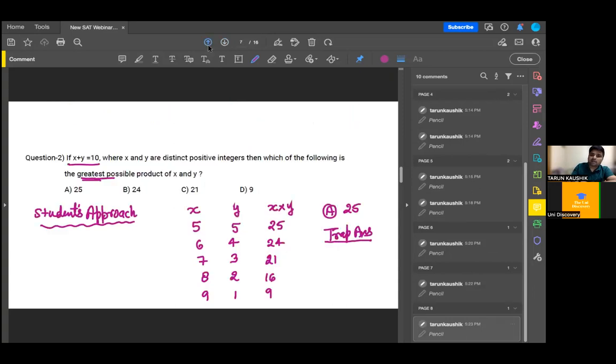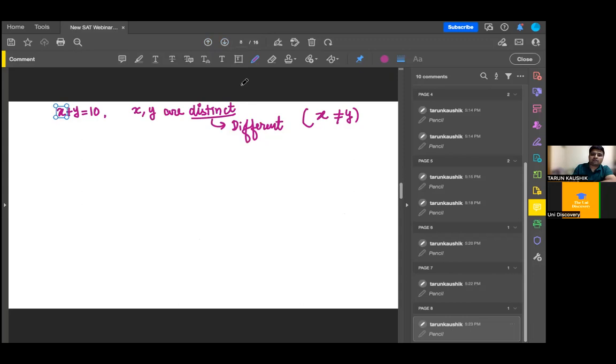So if we go back to the previous slide and see the possibilities, I can see that I cannot consider the possibility of 5 and 5. So we need to eliminate the possibility of x equal to 5 and y equal to 5.